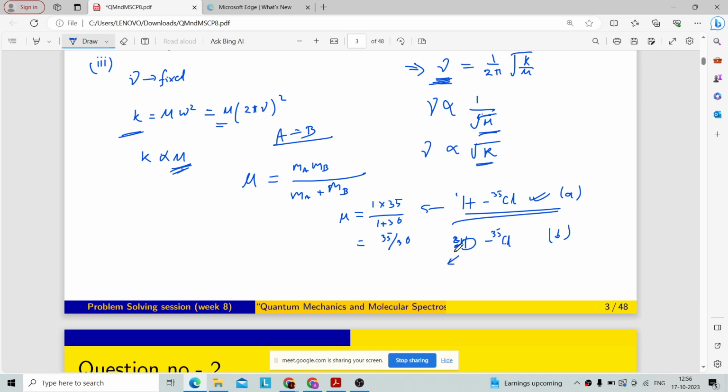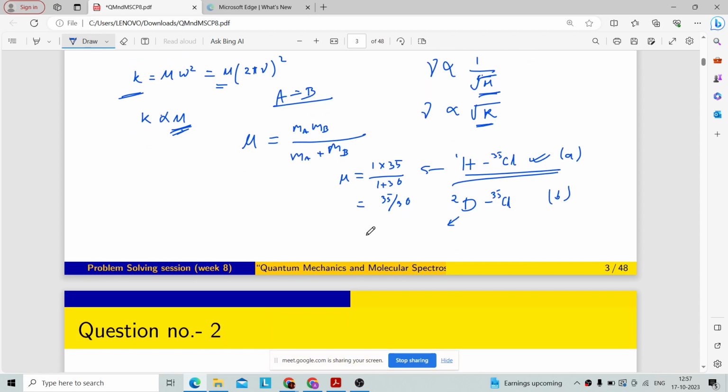For B, mu will be 2 times 35 divided by 2 plus 35, which will be 70 over 37.